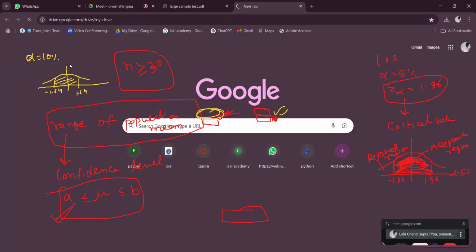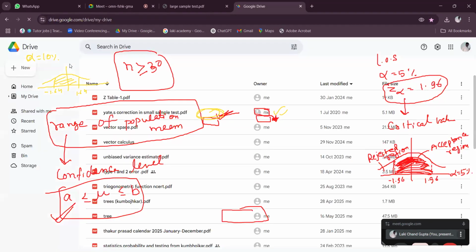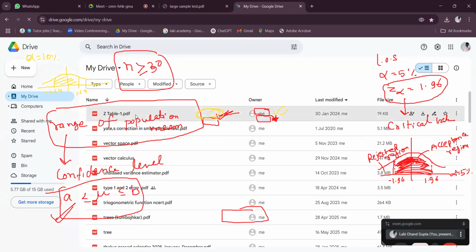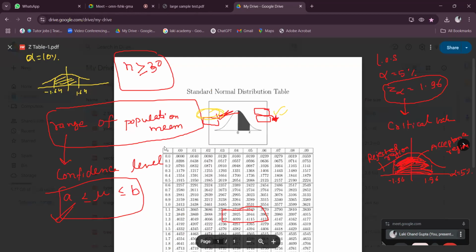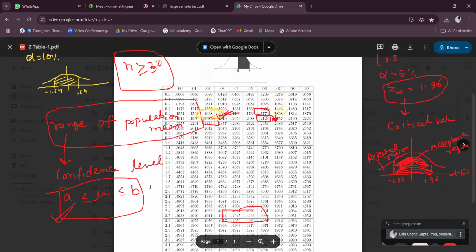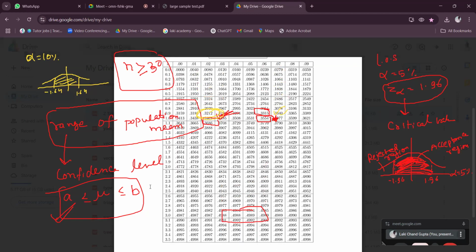With the help of this table, it is calculated. But you are not required to learn the table. You learn the values only. Okay, from this table it is calculated, just like a logarithm table.